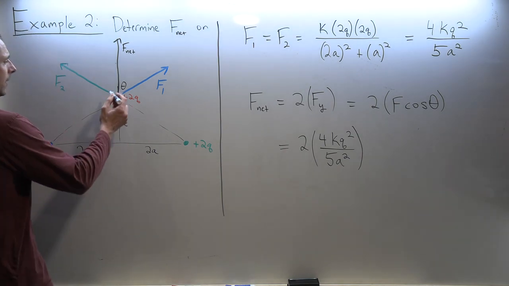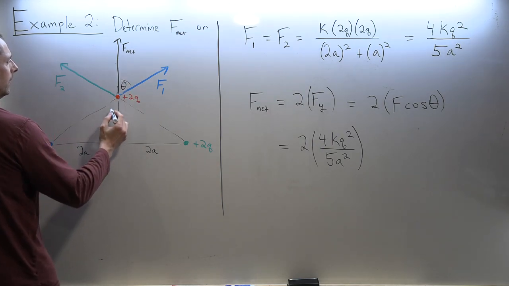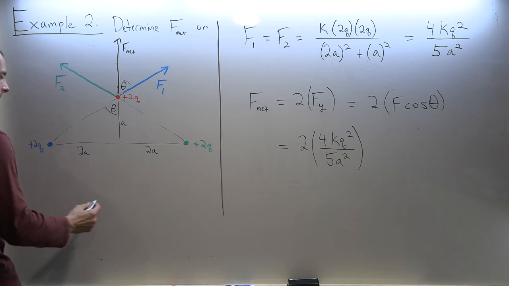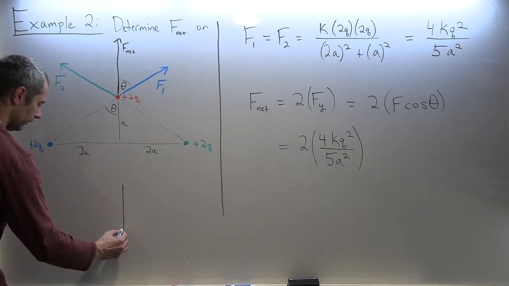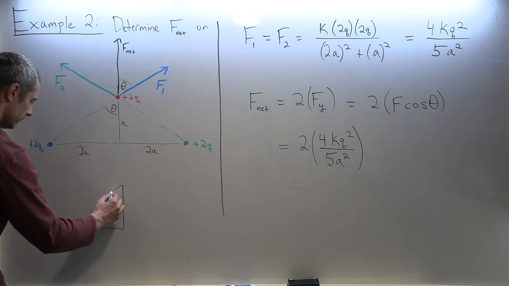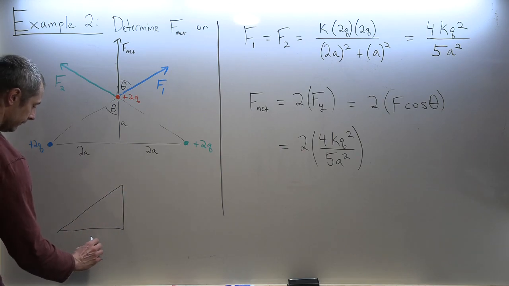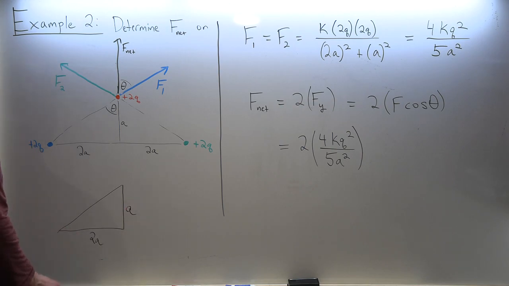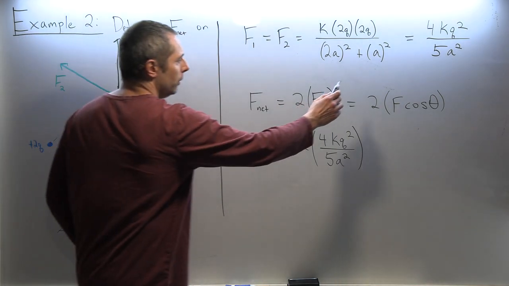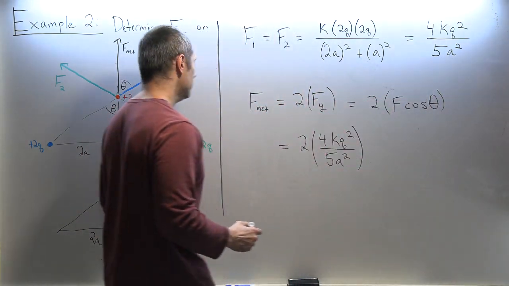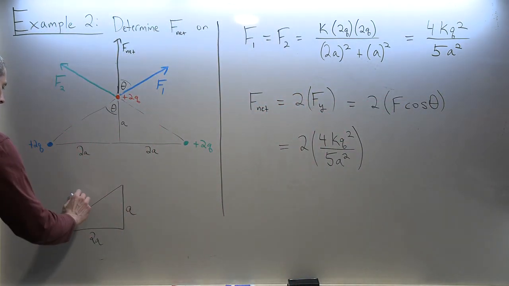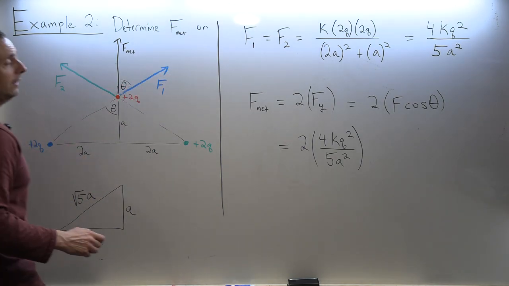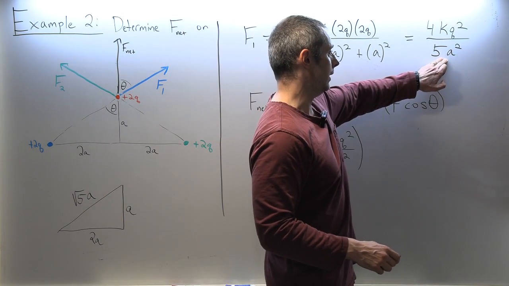This theta right here is the same as this theta. And if I just redraw that triangle, I've got 2a here, a here, and this hypotenuse squared is 5a squared. So this hypotenuse is actually radical 5a, the square root of 5a squared, right?